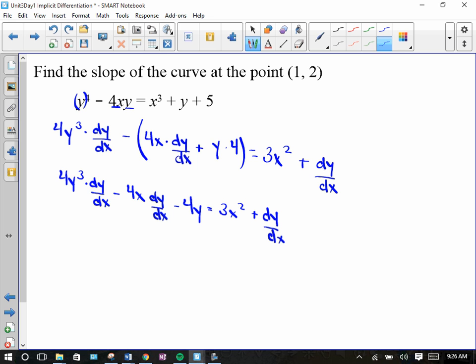This term does not have a dy dx, so I want to get that over to the other side. Let's add 4y there, and we're going to add 4y over here. I also noticed that I have this dy dx here. I want to take that and subtract it to the other side.